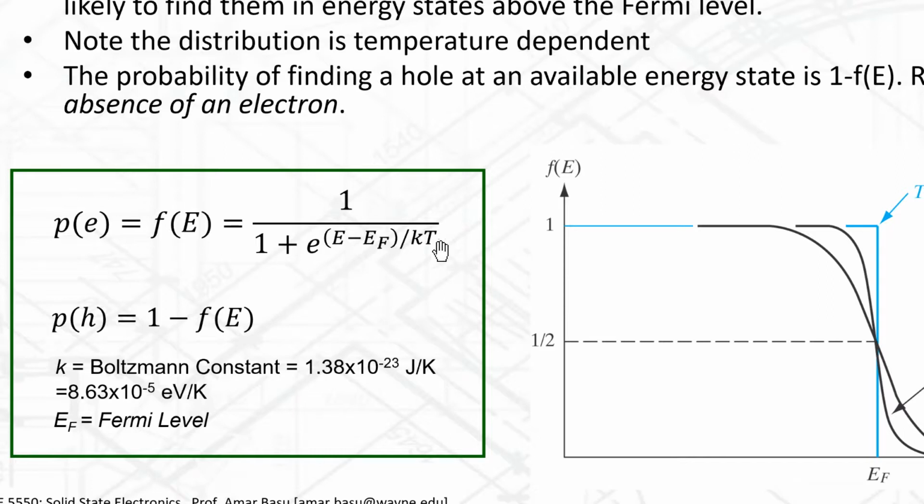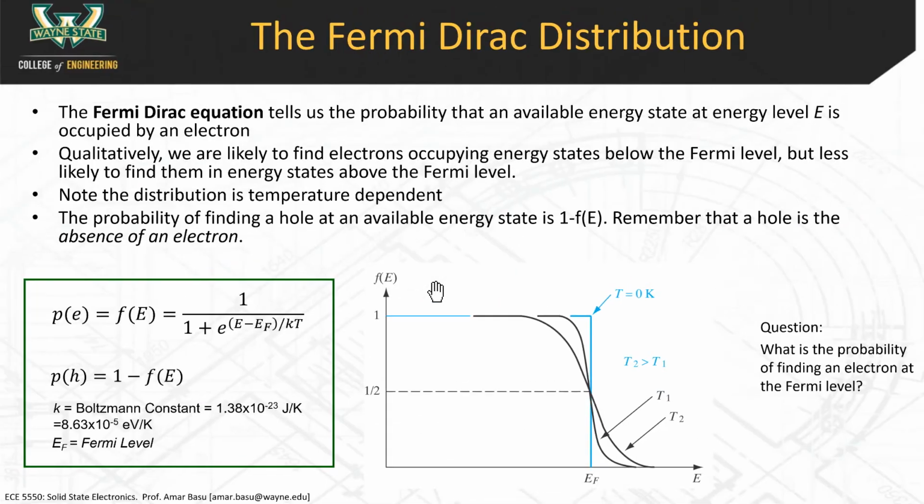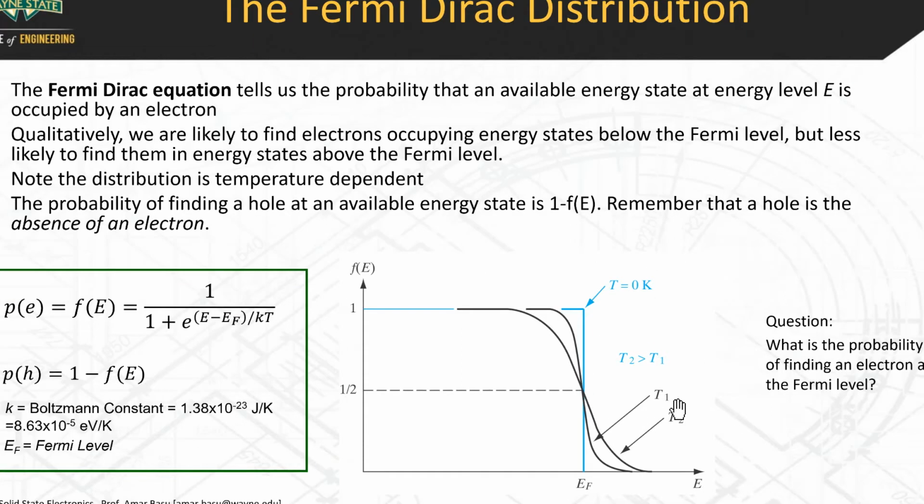Here k is the Boltzmann constant and T is the temperature, and the product of these two is usually equal to, depending on what units you use, 0.026 electron volts at room temperature. We'll talk about that more as we go. This is what the Fermi function looks like, and I want you guys to mathematically understand why it looks like this.